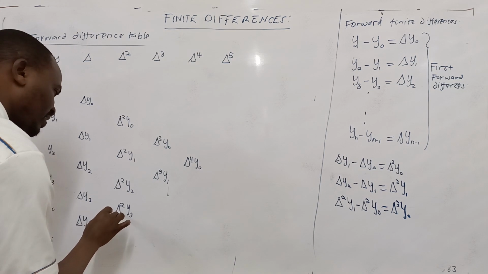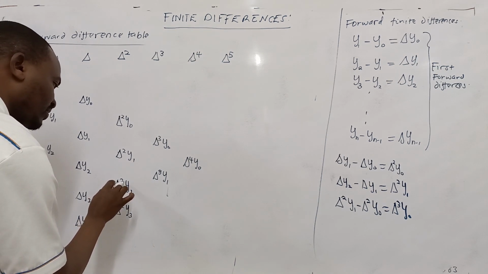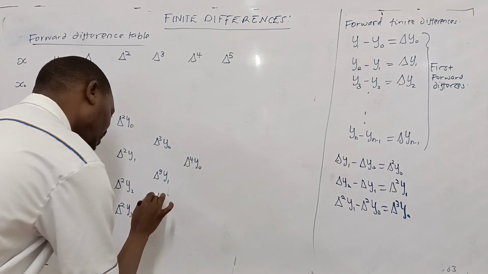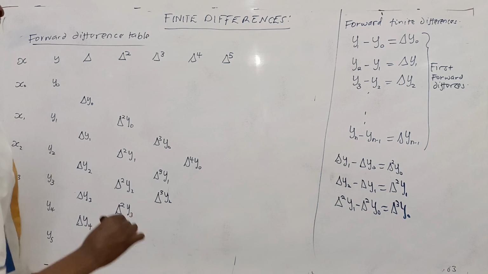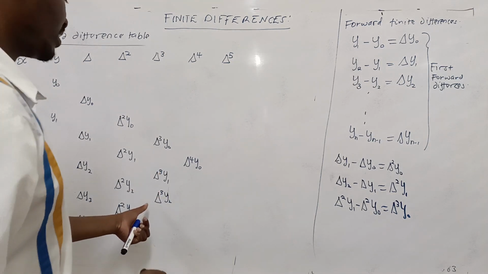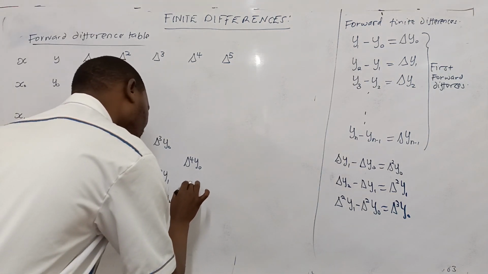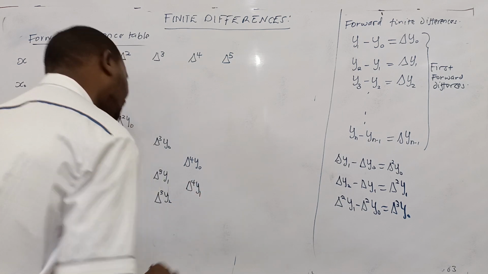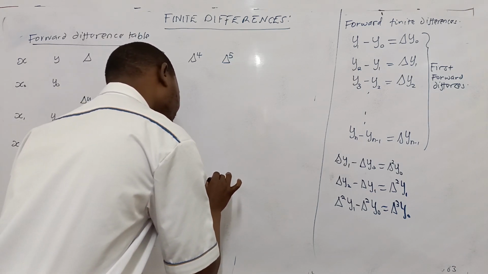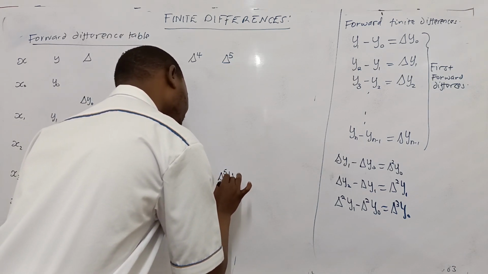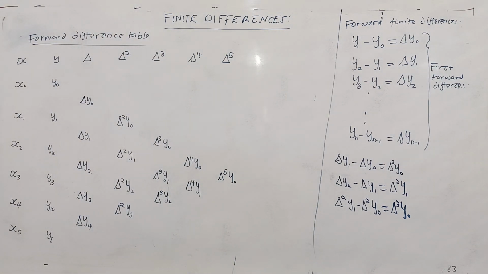These two differences, the second forward difference of y3 minus the second forward difference of y2, will give us the third forward difference of y2. These two third forward differences will give us the fourth forward difference of y1. And finally, these two fourth forward differences will give us the fifth forward difference of y0. So this is a finite difference table, and it is for forward differences.